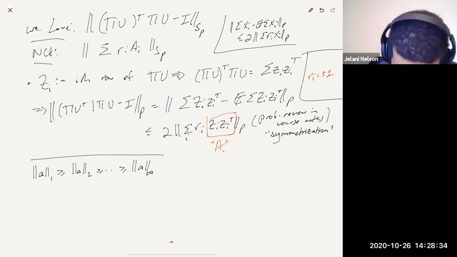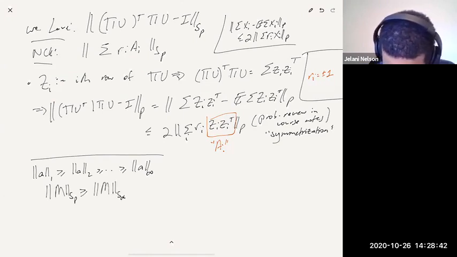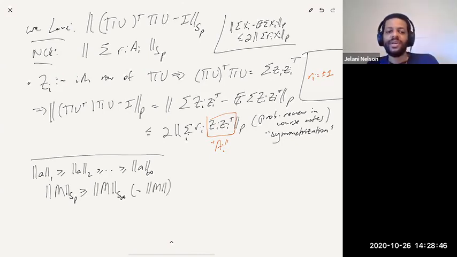So we know that if you have a matrix, the Schatten p norm is at least the Schatten infinity norm, which is just the operator norm. And we're relaxing the infinity norm to the Schatten p norm, right? We're upper bounding the operator norm by the Schatten p norm.